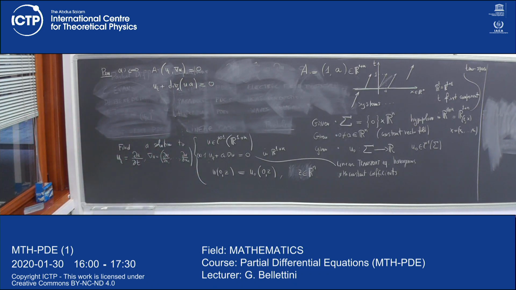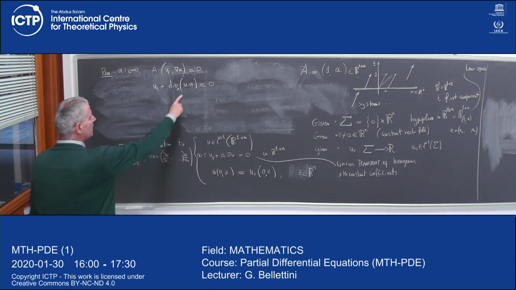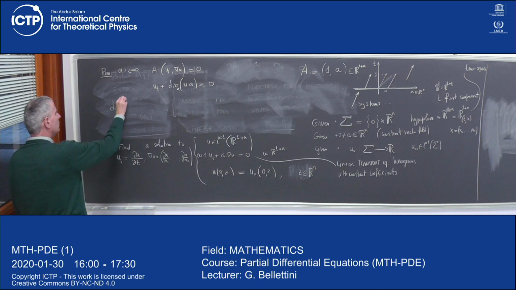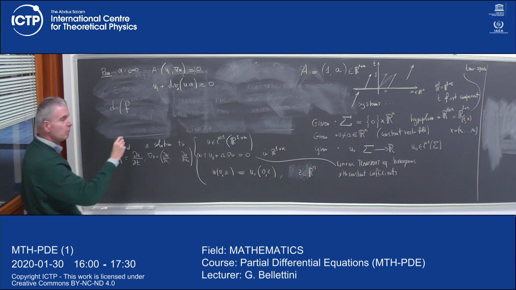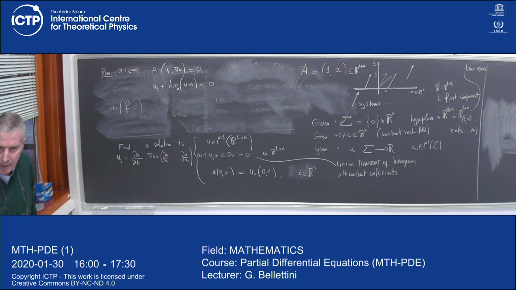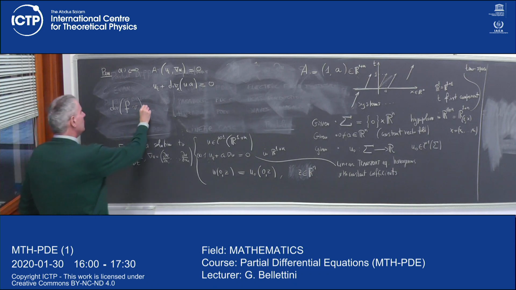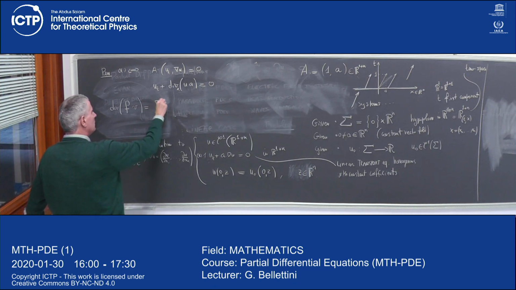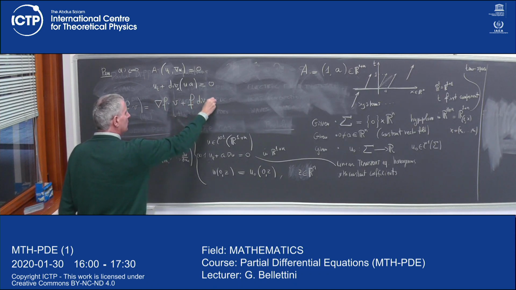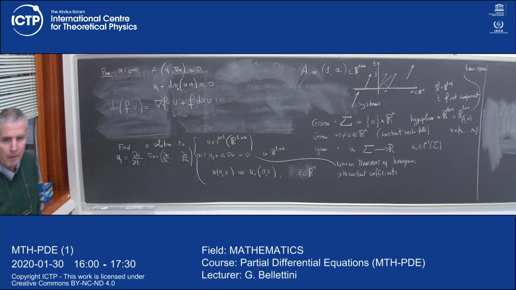No? Because the divergence of this is a scalar function, this is a vector. Remember that if I have a scalar function f and a vector field, everything smooth enough, then I can expand the divergence as follows: grad f dot v plus f times divergence of v.